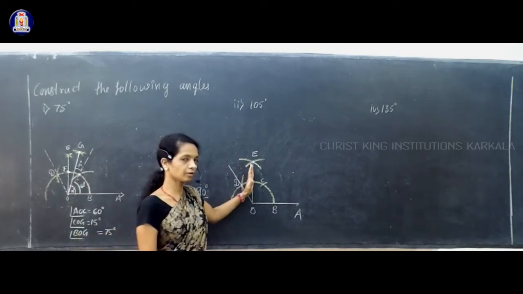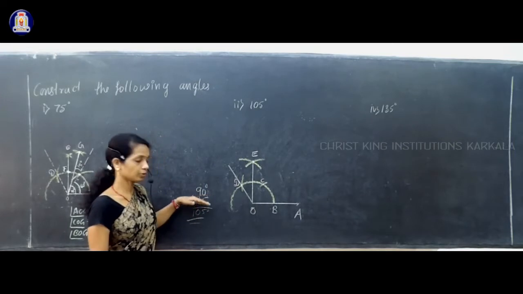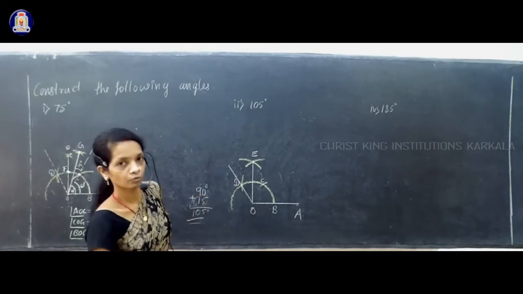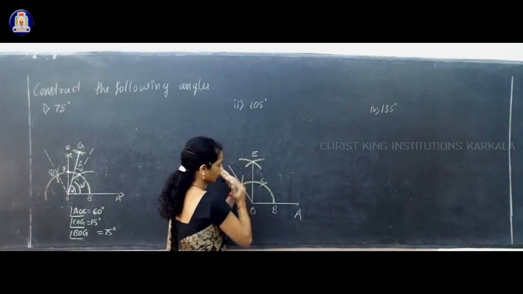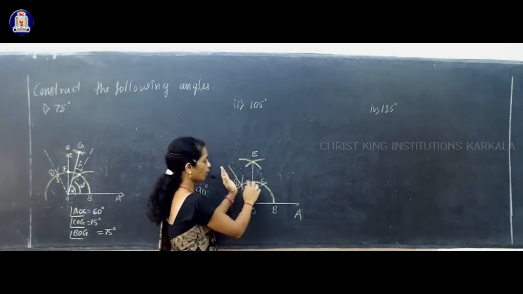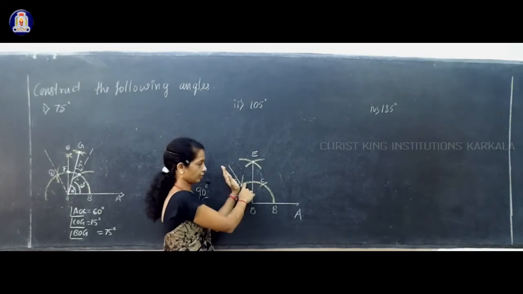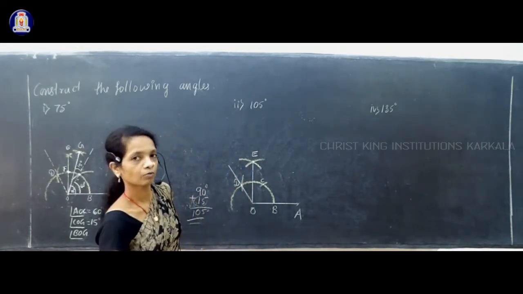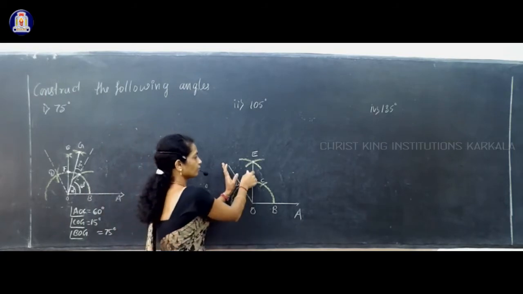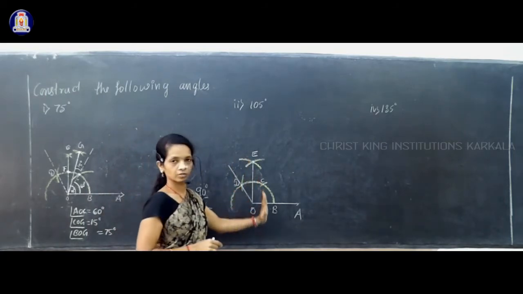90 degree is here. To that, you have to add 15 degree. In between these two, the 90 degree line and the 120 degree line, how much degree do you have? 30 degree. Okay. Half of that 30 degree is 15 degree. So that 15 degree you have to attach with this 90 degree.